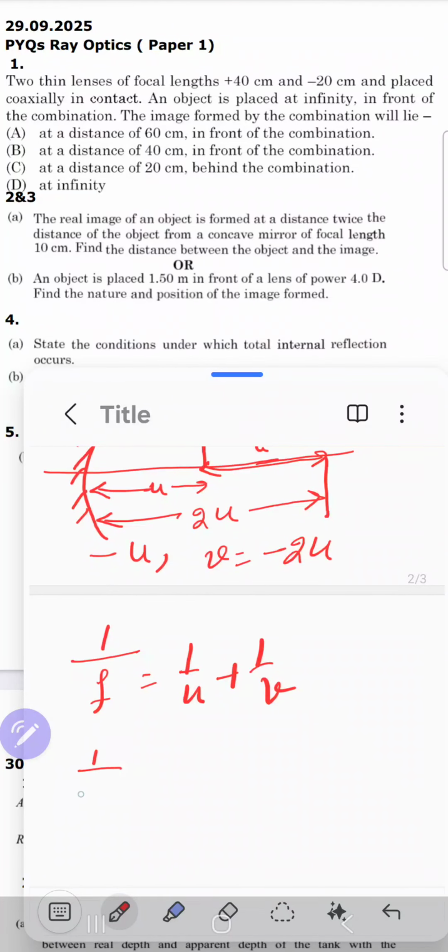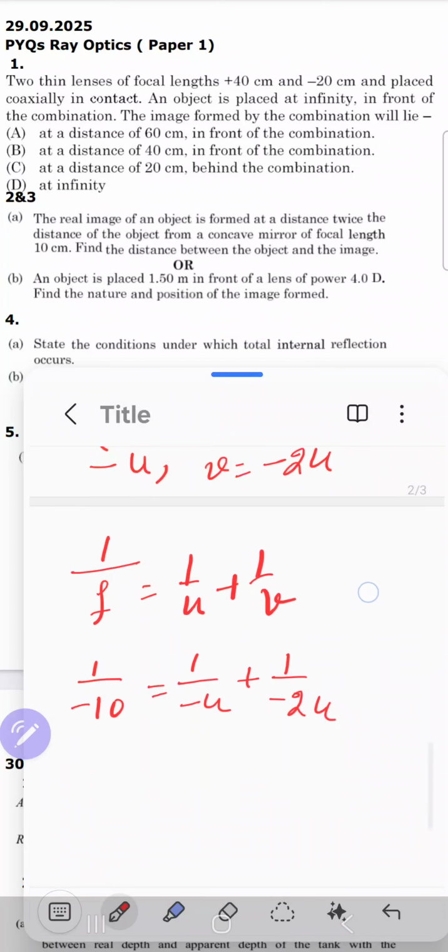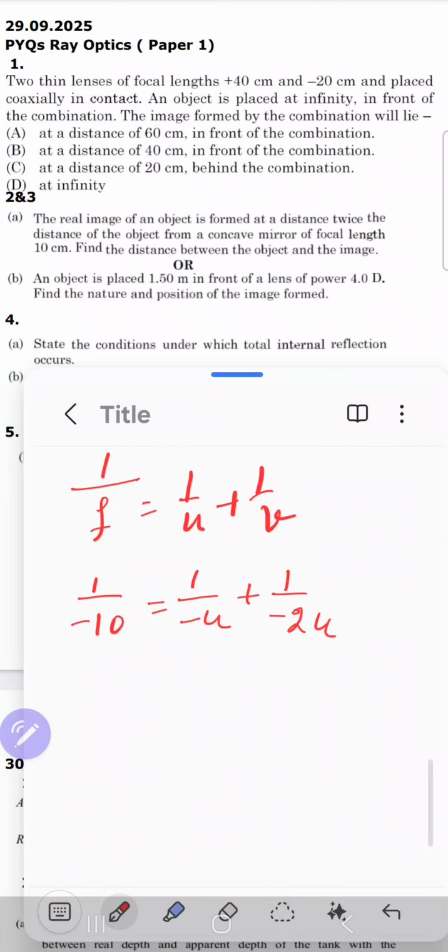So this would be 1 over minus 10 equals 1 over minus u plus 1 over minus 2u. Now let us find out the value of u from this equation only. So this is minus 1 over 10, minus sign I'm taking common, 2u, and here you will get 2 plus 1.